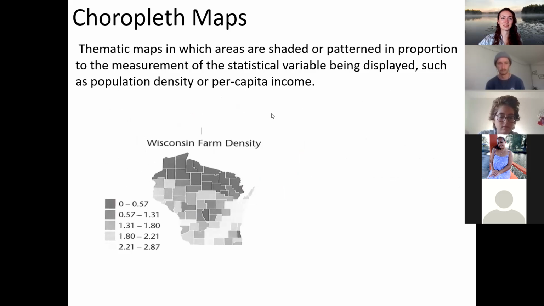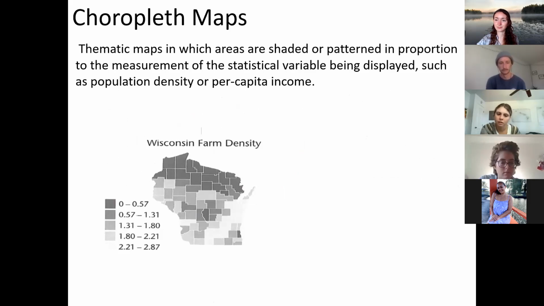Another way to do this is using choropleth maps. So shading your areas with darker shades to represent more or lighter shades to represent less. What do you think of this Wisconsin farm density map? It's the opposite. So the darker shades representing less, which I feel like is not what I would immediately think of.